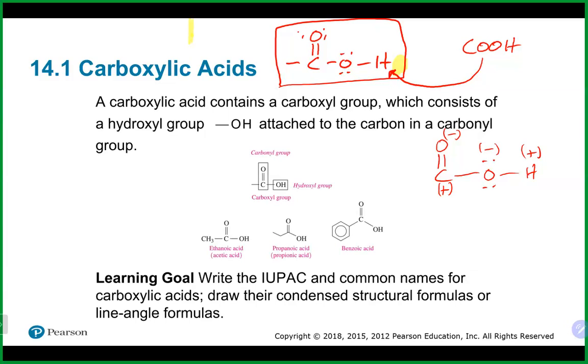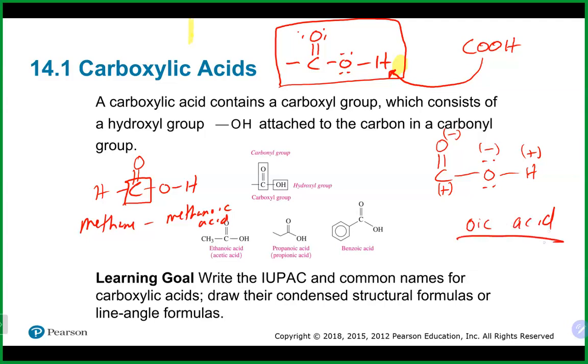The simplest carboxylic acid you have is what's known as methanoic acid. You drop the last part of the alkane name and substitute in the oic acid part.